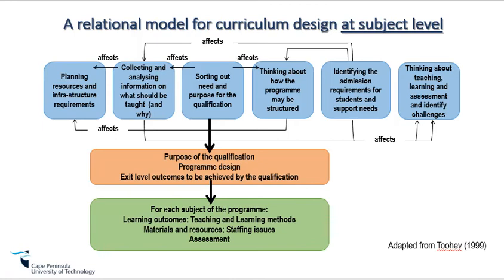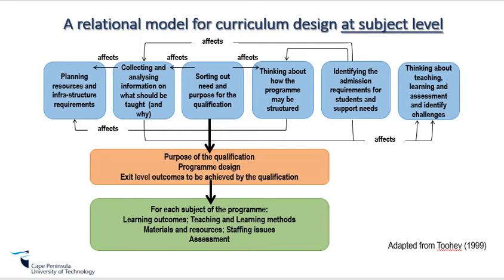Just to recap, we have so far spoken about the relational model of curriculum design at program level. This is a slide that I showed in the last presentation we did in the third workshop, where we looked at both the program level and subject level relational considerations. And today we're going to look more at the subject level ones.